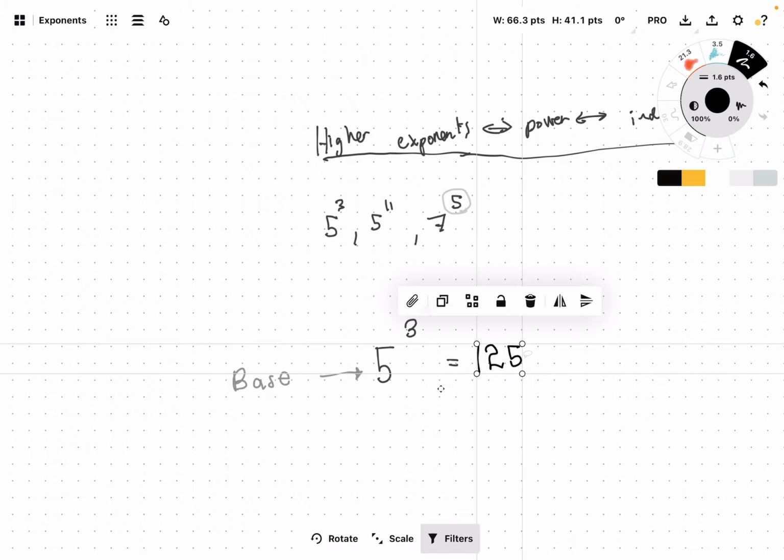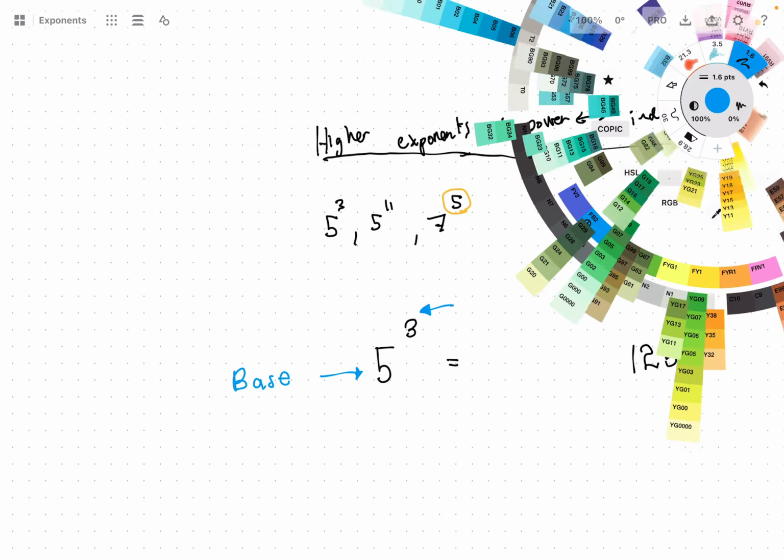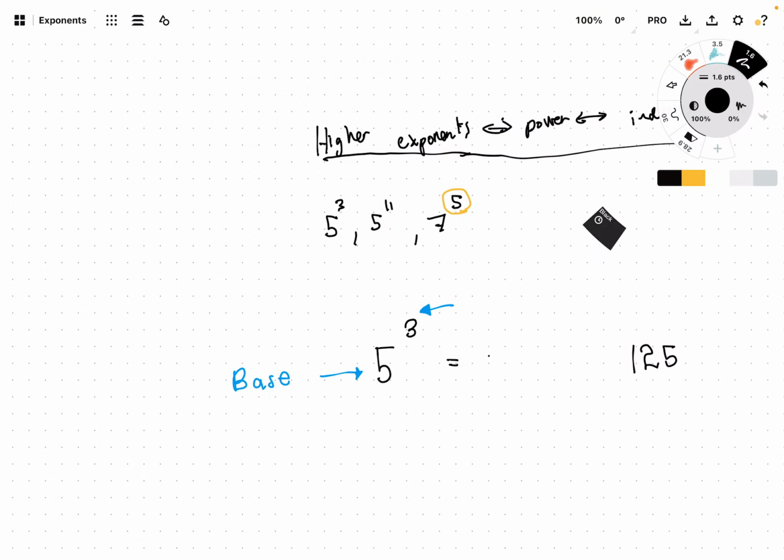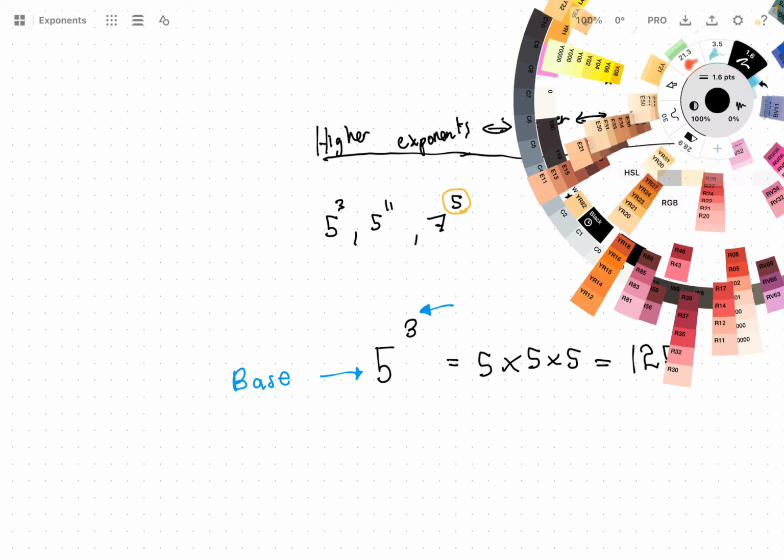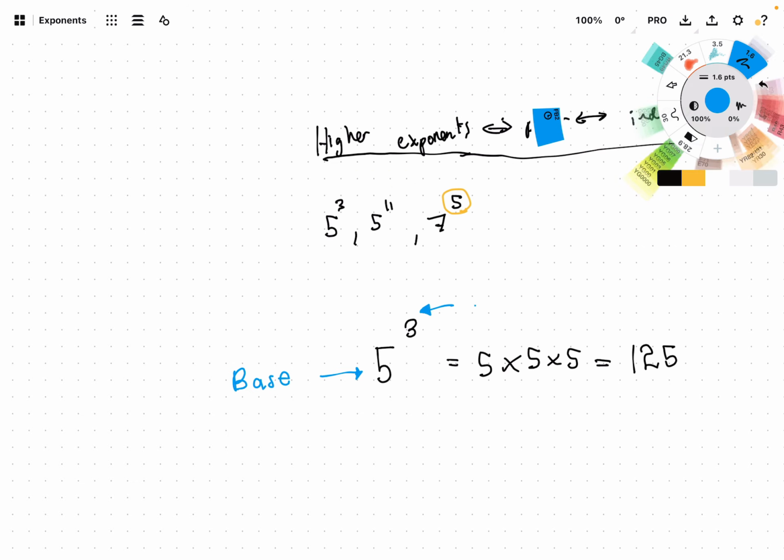So let me write the full definition. 5 cubed means multiplication repeated 3 times. If that doesn't make sense, don't worry, we'll get to that later as well. But the idea is, this term here is the exponent. And the power is the result.